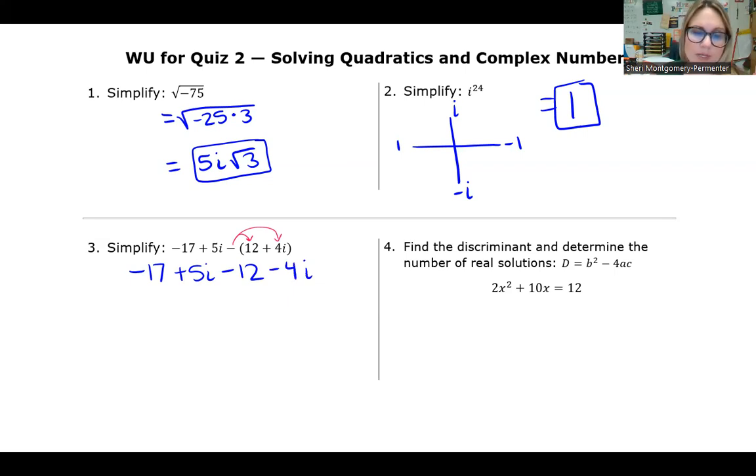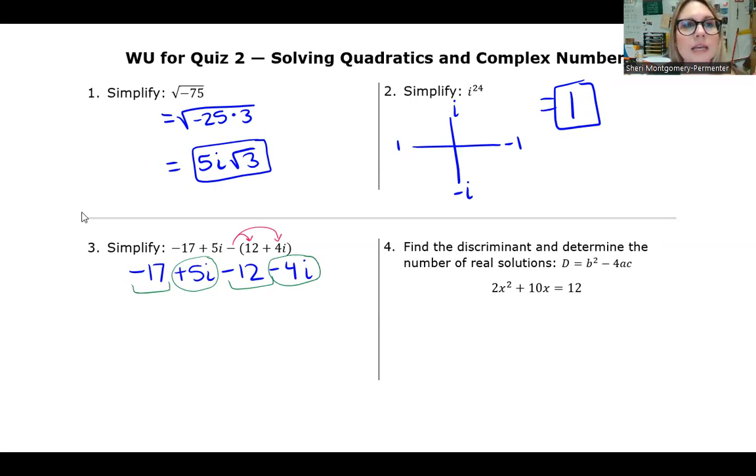Now I can go through and combine like terms. So i's go with i's, constants go with constants. So I have 2 i terms that will go together and 2 constants that will go together. And remember that the constant is written first and the i part is written second.